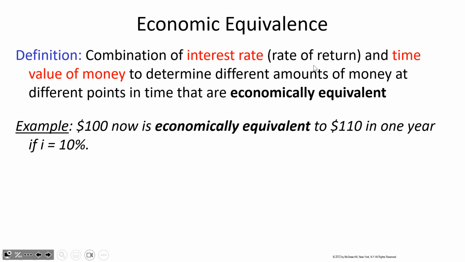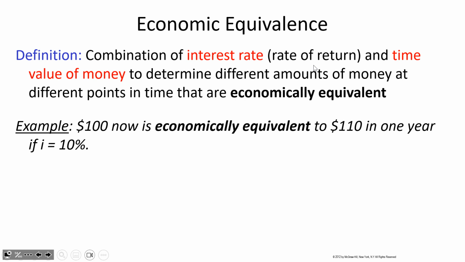So just as a simple illustration, if the interest rate is 10% per year, then you should be equally happy to receive either $100 now or $110 in 1 year, because the extra $10 1 year from now accounts for the difference in the time value of money. So they're economically equivalent.